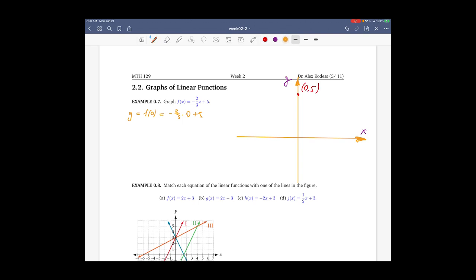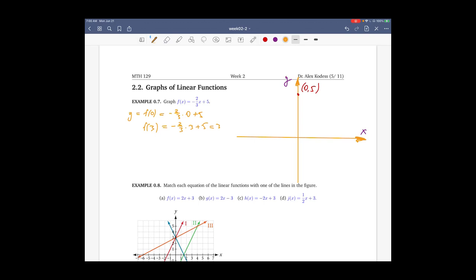And then the second point could be either the x-intercept or any other point where computation is simple. Because we have 3 here in the denominator, it seems like a good idea to try x equals 3. So f at 3 is negative 2/3 times 3 plus 5, which is, of course, 3.